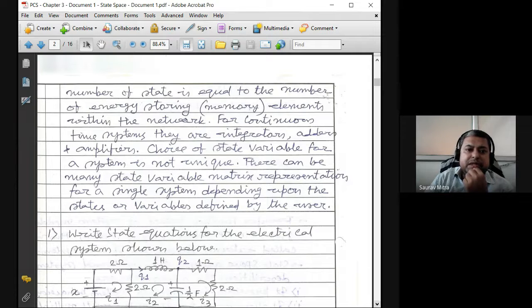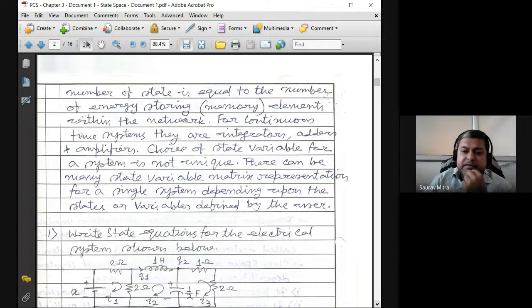Okay, so the choice of state variable for a system is not unique. Very important point. The choice of state variable for any system is not unique. So two persons doing a state variable model for the same system of the same order, maybe a third order system, but they have chosen different state variables. So for both of them, the model of the system will be different.